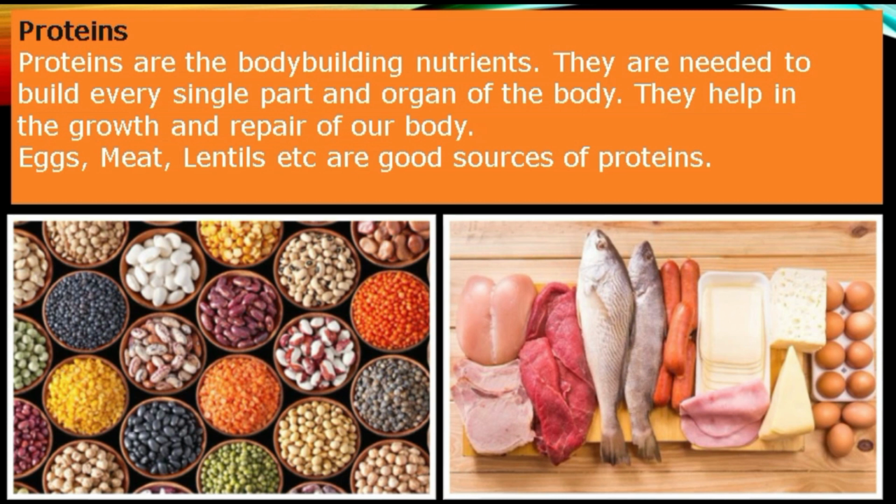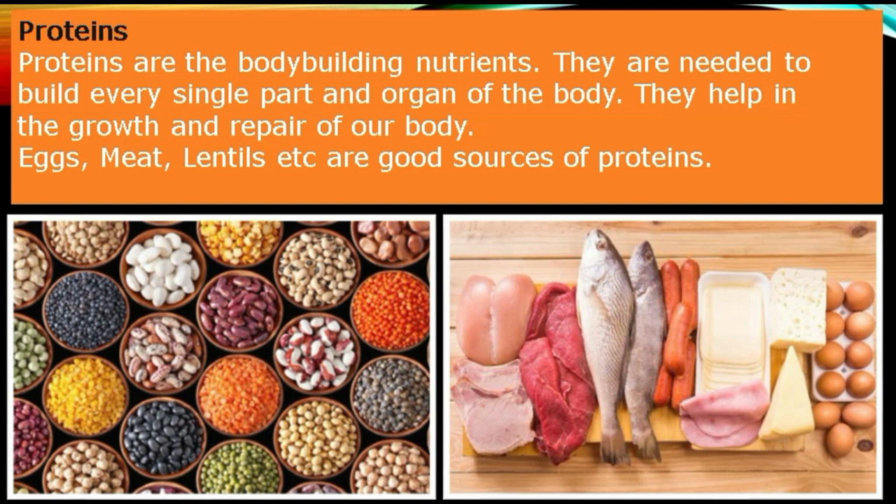Proteins are the body building nutrients and proteins are very essential in our diet as they help in the growth and repair of our body. Hence, protein is also known as body building food. And the major food items that are good sources of proteins are eggs, meat, lentils, etc.